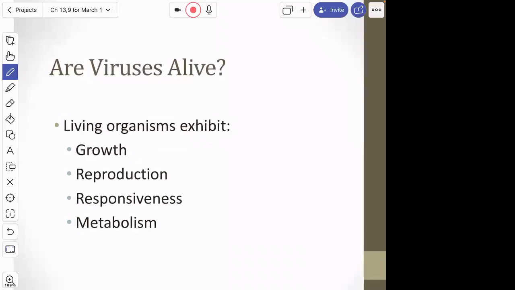But okay, so that brings us to the end of our discussion. Now that you know all about viruses, thinking about that question, well, do you consider viruses alive? And that will continue to be a topic of debate. But in general, if you look at the things that an organism would have to fulfill in order to be considered alive, organisms always grow.